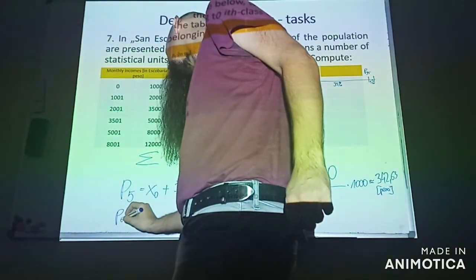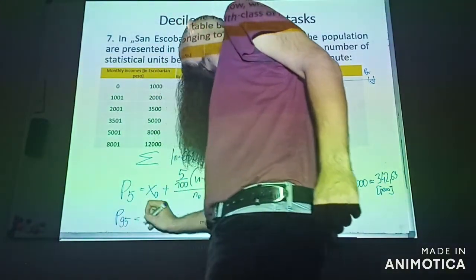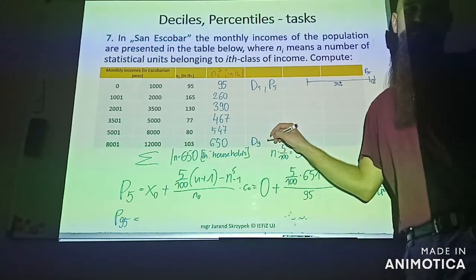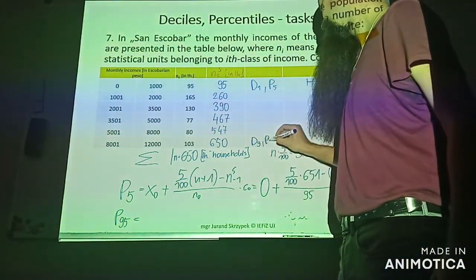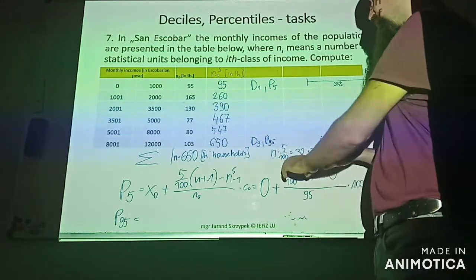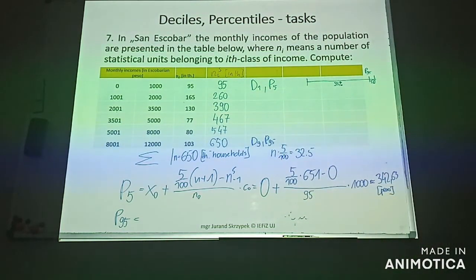The 95th percentile is of course placed in the last class. We can compute that in this way, but we are 100% sure that this measure is placed in the last class.